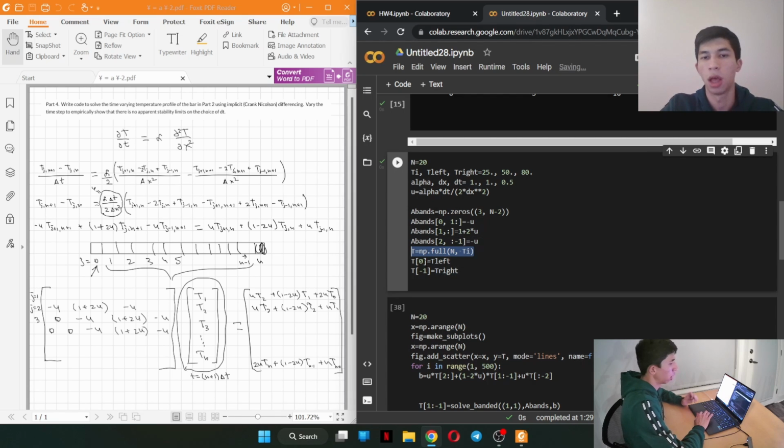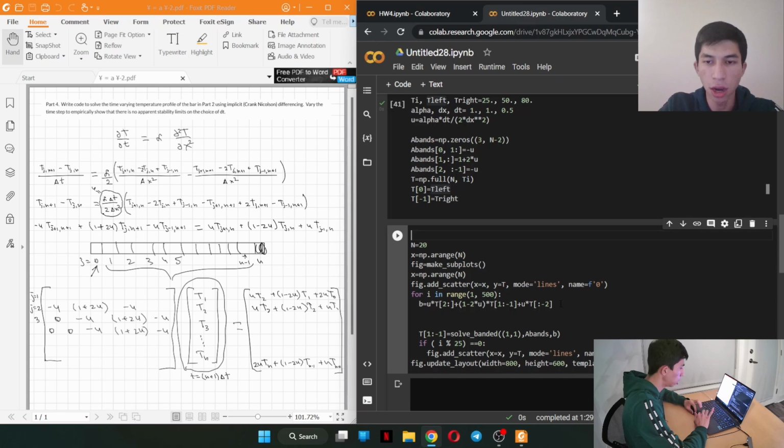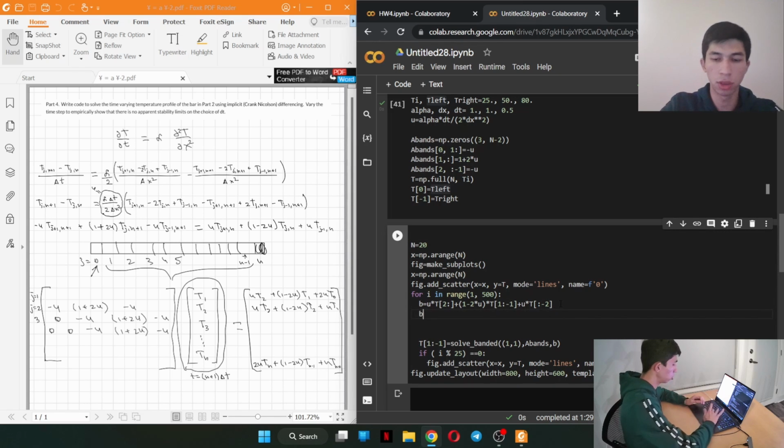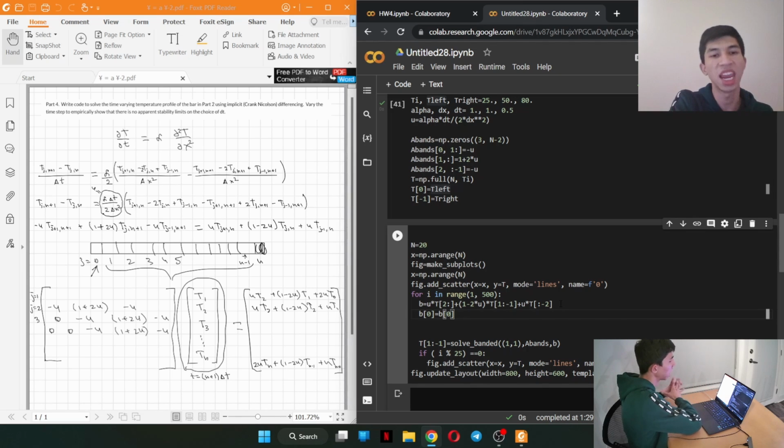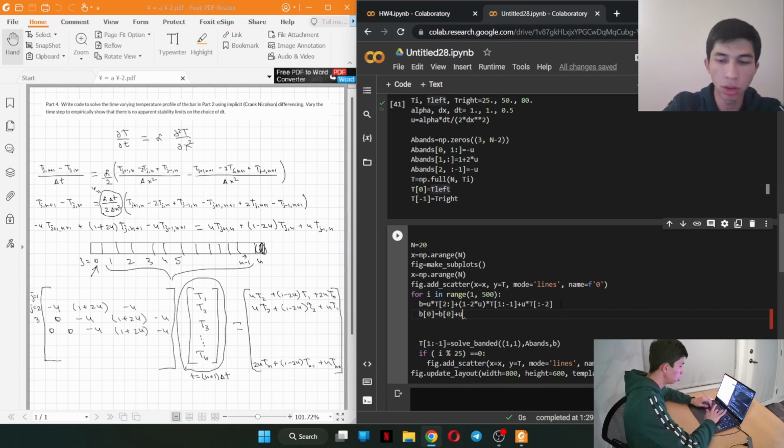Also the first value of my temperature is going to be the T left, the temperature on the left side, and the last one is going to be the temperature on the right side. If I run it now, it should be fine. And here I should include this thing here, because I have another T0 at the beginning and another Tn at the end, so I have to include them, right?